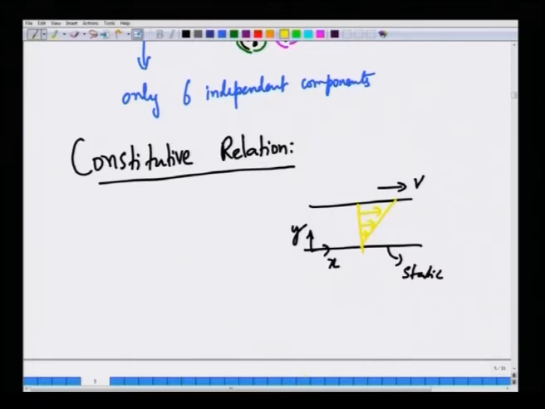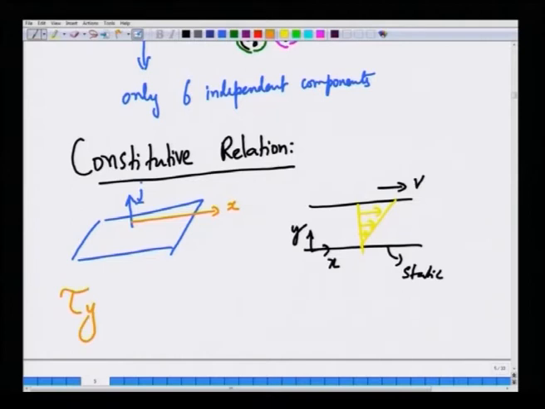Now, the question that one can ask is, the relevant component of the stress is, you have a plate whose unit normal, I mean I am just drawing a cross section, actually it is a plate, it extends, whose unit normal is in the plus j direction, and the direction of the stress would be in the plus x direction. So, the component of stress that will be of interest is tau y x.